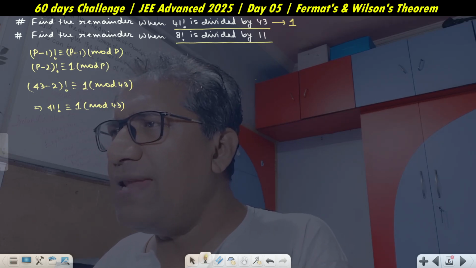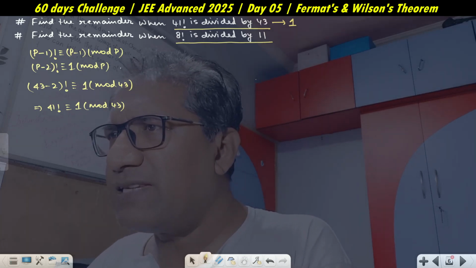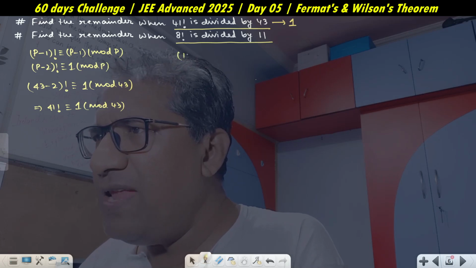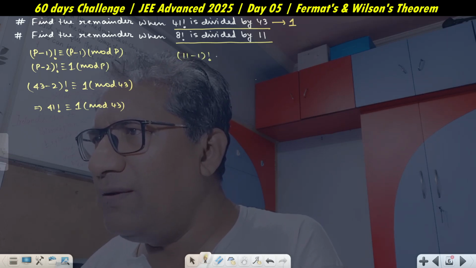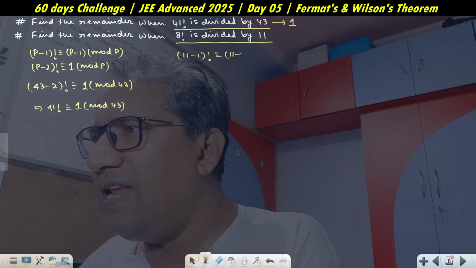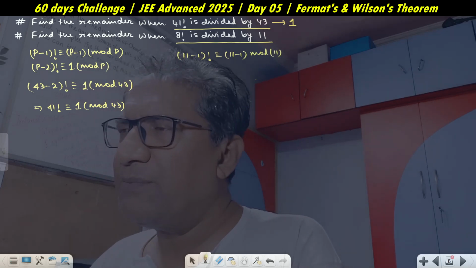When factorial 8 is divided by 11, we all know from Wilson's theorem that 11 minus 1 factorial when divided by 11, the remainder is 11 minus 1. Am I correct?